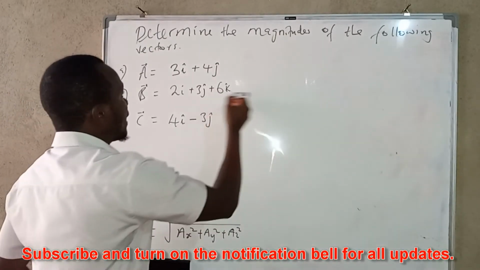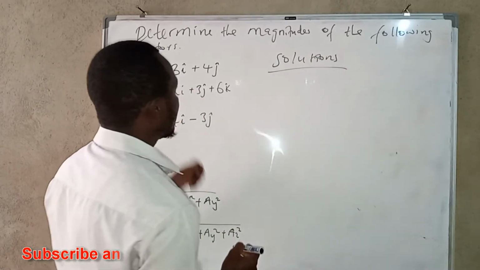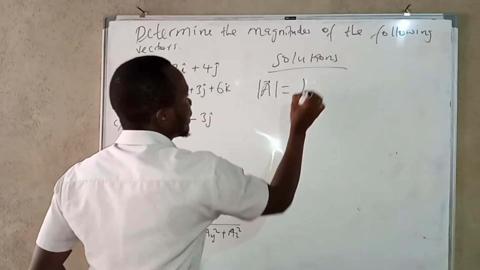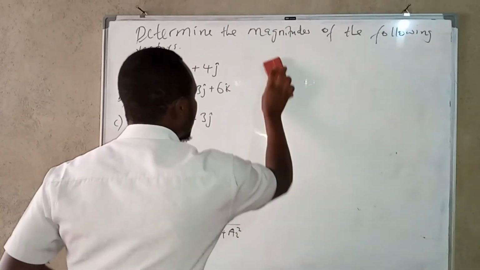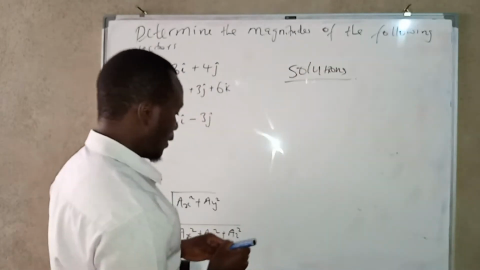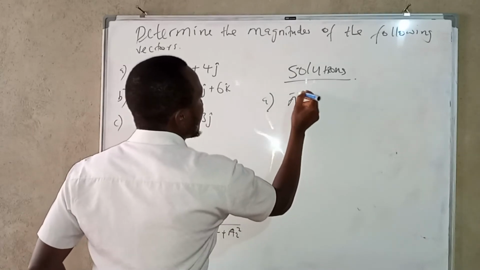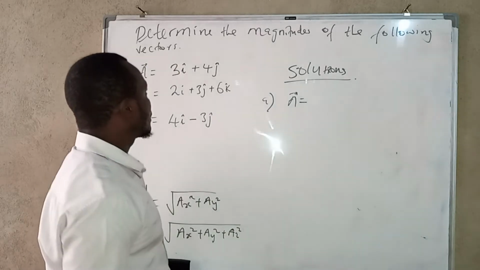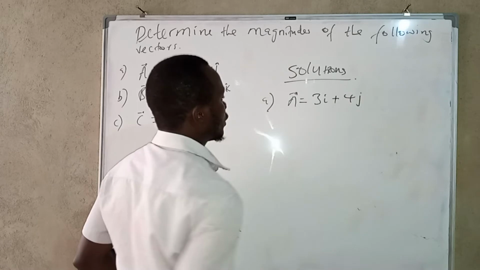So we have for A, solutions: the magnitude of A. Let us go to A. A is equal to 3i plus 4j.